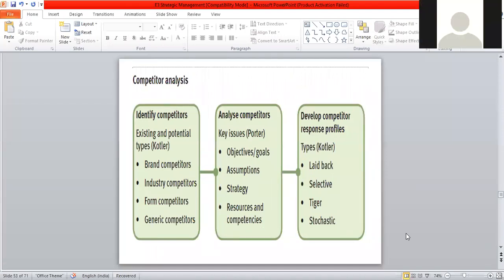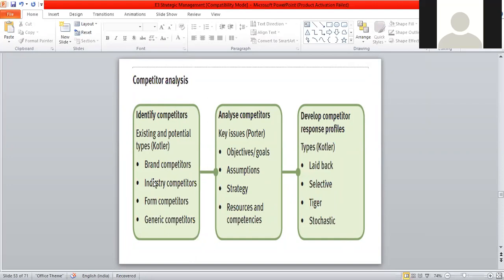Let's start from here. Competitor analysis. The next topic we have here is competitor analysis. How to face the competitors. Okay. So how do we face that one? Identify competitors, existing and potential types. That is brand competitors, industry competitors, firm competitors, and generic competitors.